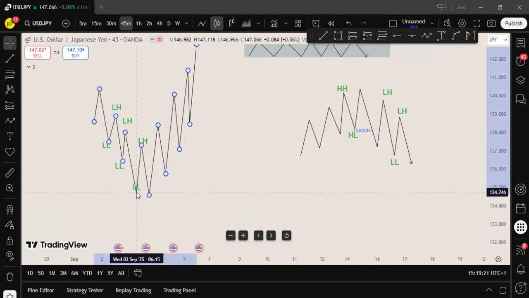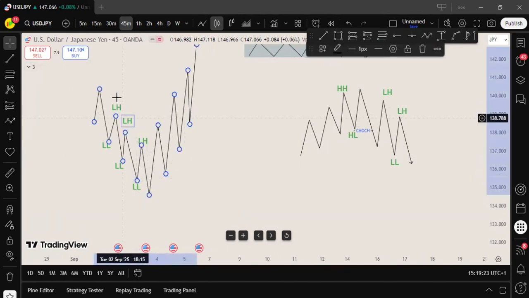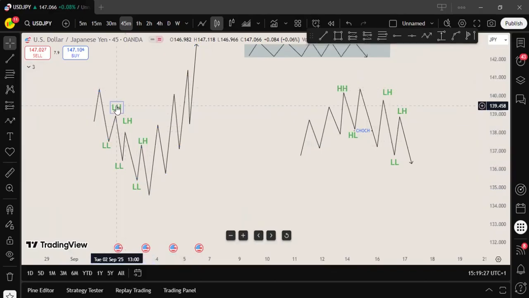Now, what do we have here? The market is in a bearish trend, creating a series of lower highs, lower lows, lower high, lower low, lower high, lower low.